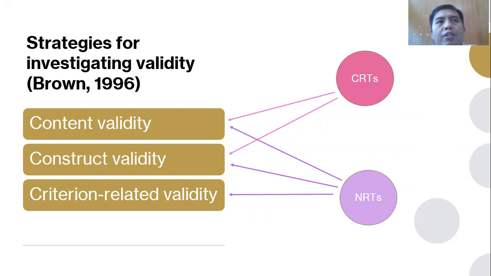So this normal distribution could not be achieved. So why could criterion-related validity not be applied to investigate the validity of CRTs? Once again, because the normal distribution underlies the correlational analysis which is used in this criterion-related validity.